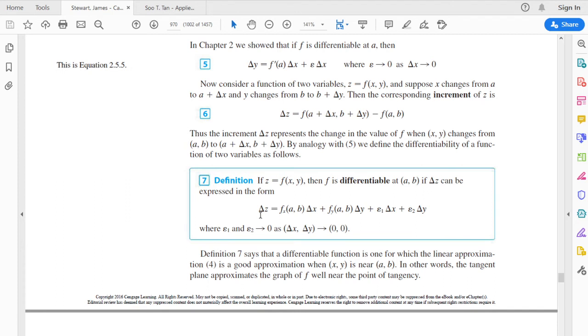The differential of z, f x delta x plus f y delta y plus the epsilons on the deltas, okay? All right, and we want epsilon 1 and epsilon 2 to go to 0 as delta x, delta y goes to 0, 0.